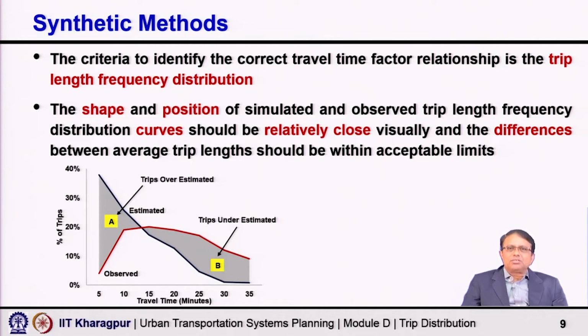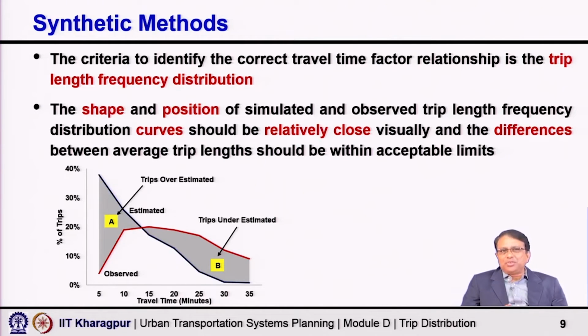Similarly, for 10-minute travel, again my model overestimated, but on the other hand, for higher travel times or trip lengths, say 30-minute and 35-minute, the model underestimates. Okay. That clearly shows that the friction factor values corresponding to different travel times that I assumed are not correct, so you have to modify them. How to modify? How can we modify?